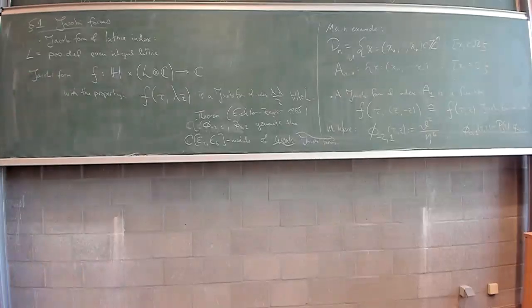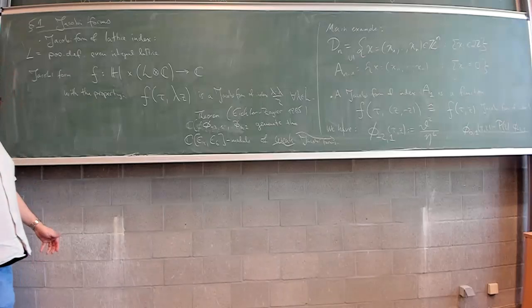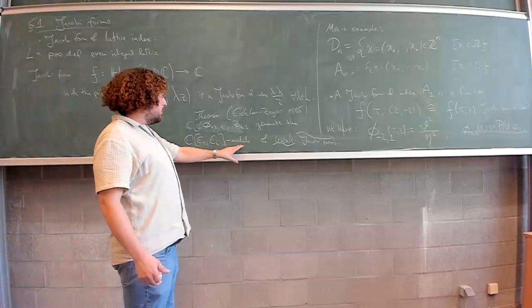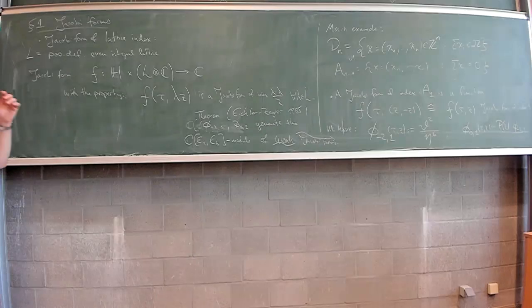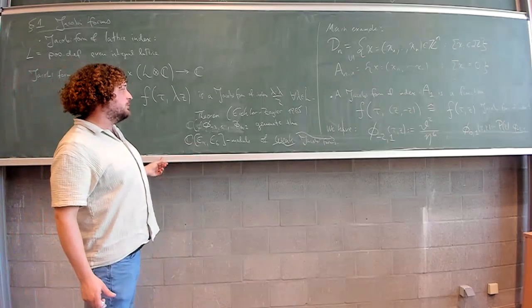And weak means that you have no negative exponents in the Fourier expansion. For modular forms, that would be the same as saying it's holomorphic; that's the notion of holomorphy at infinity. For Jacobi forms, it's actually not the correct notion of holomorphy.